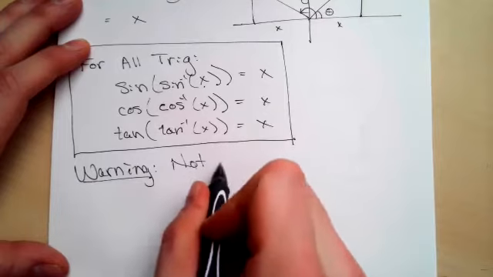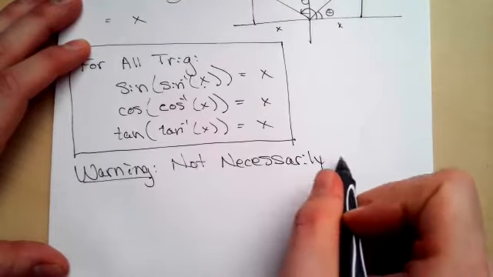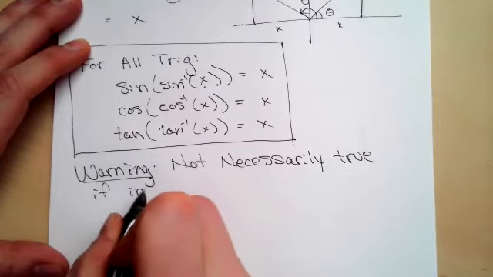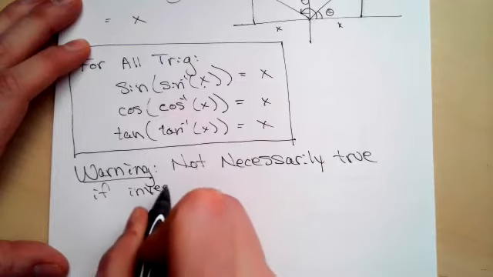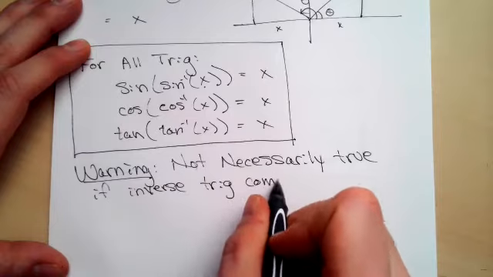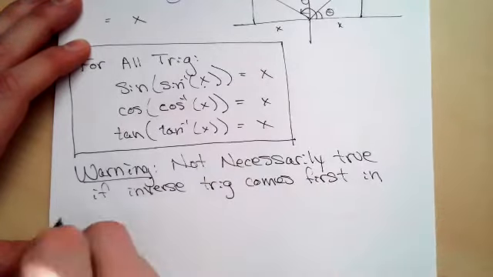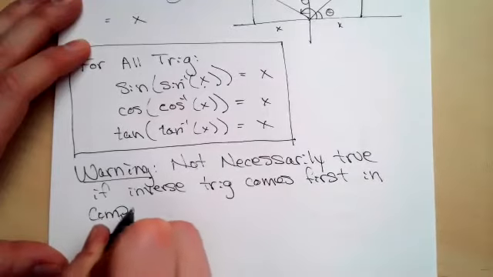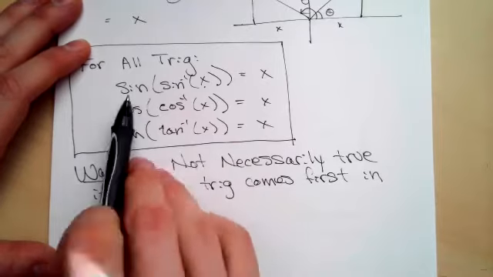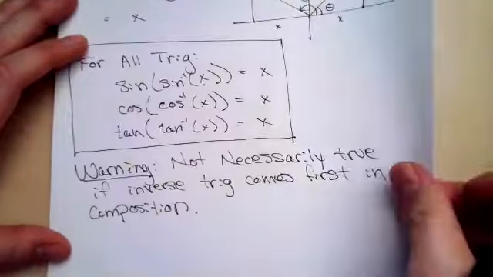Not necessarily true if inverse trig comes first in the composition. Meaning if I have sine inverse of sine, we got to be careful. So let's take a look and see what can happen.